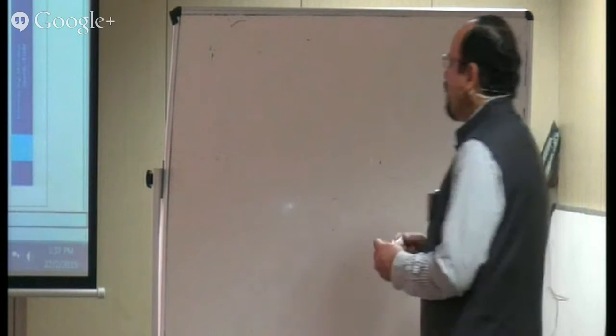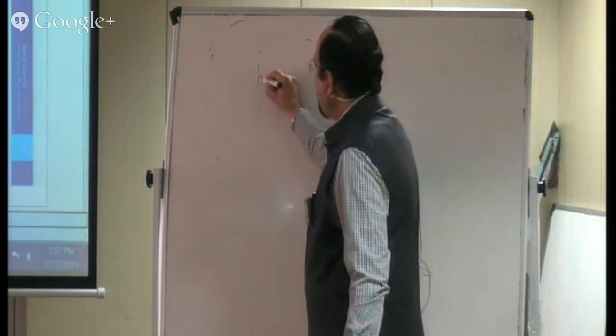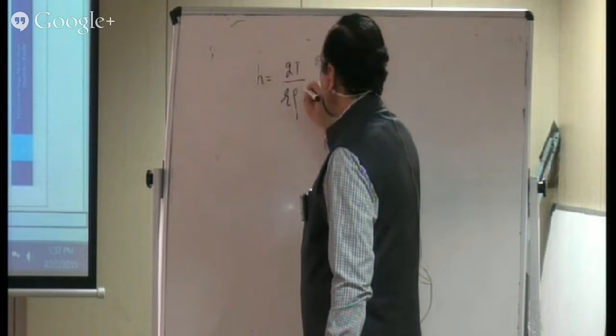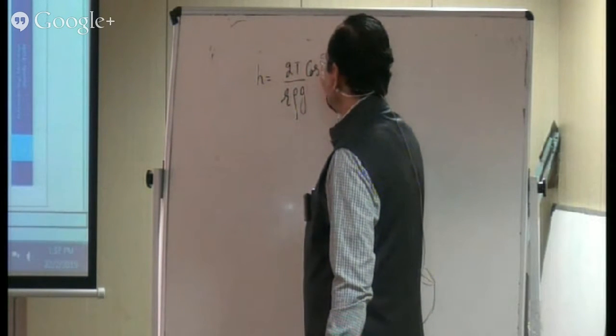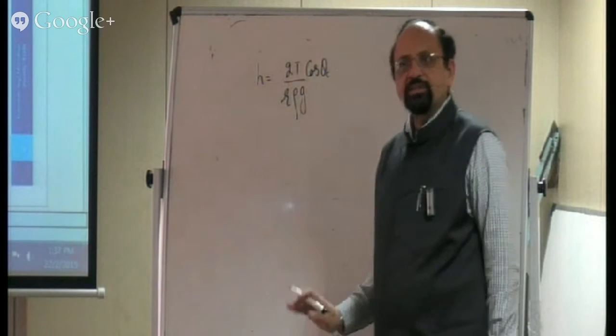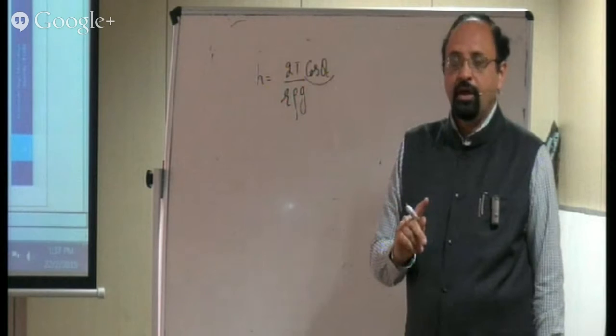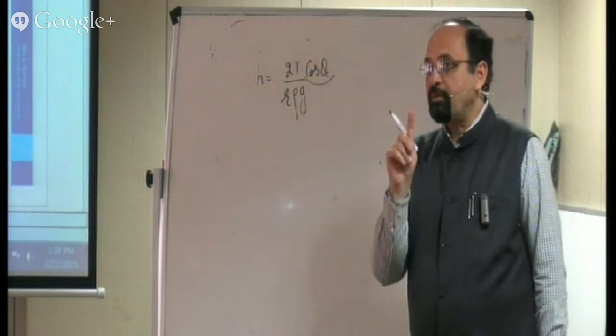The formula is very simple. H equals 2T cos theta C by R rho G. This time I require cos theta C, because I have not given you the radius of the meniscus.